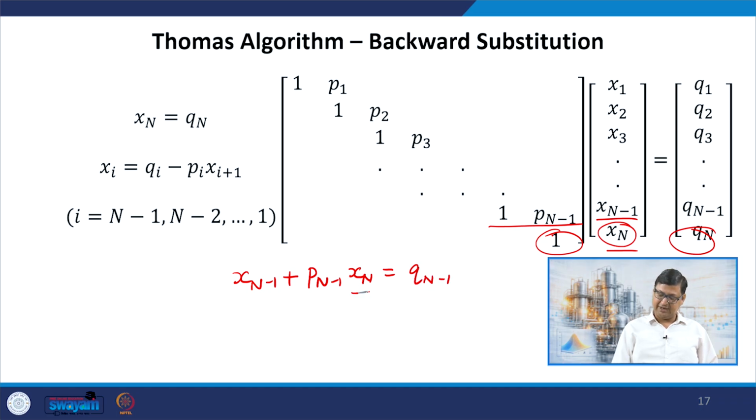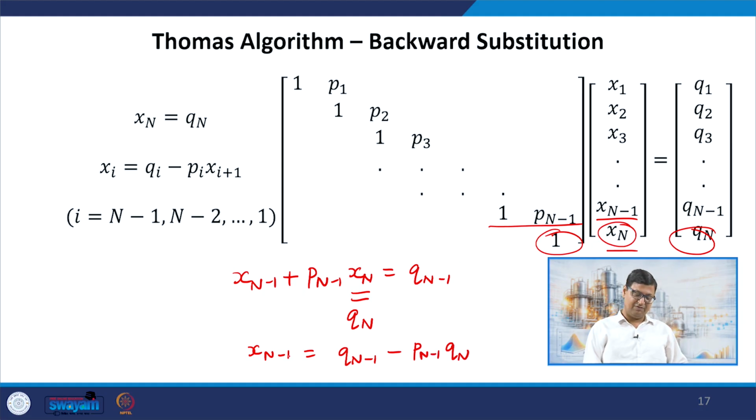But you already obtained xn equal to qn from the last equation, so I can plug it in there, and I can get xn minus 1 is equal to qn minus 1 minus pn minus 1 qn. And now once I have got xn minus 1, I can go further up and compute xn minus 2.